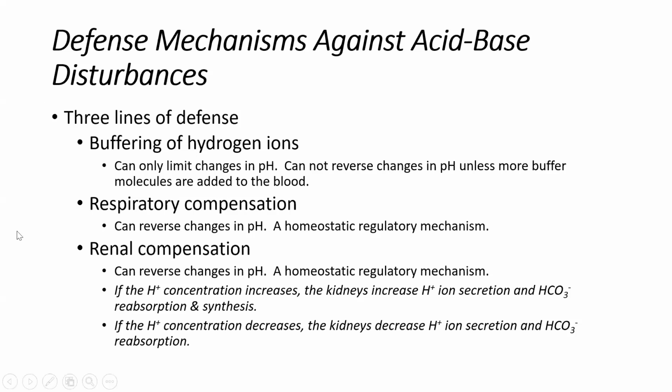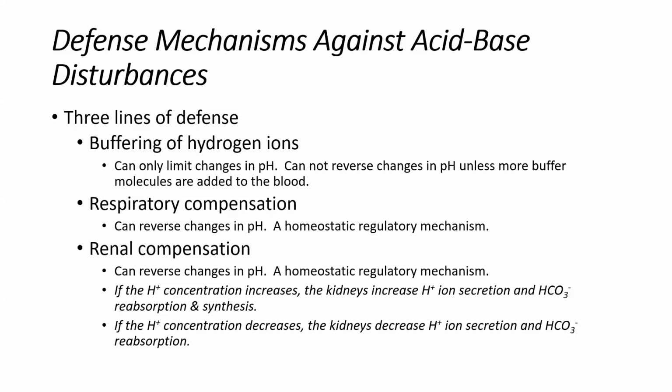And then the kidneys can also play a part in compensating any existing disturbance. The kidneys are going to either secrete more hydrogen ions and reabsorb more bicarb, or the kidneys can secrete less hydrogen ions and reabsorb less bicarb. We talked about the 2 roles of the kidneys in terms of acid base. The kidneys have the ability to secrete hydrogen ions through the proximal tubule, the distal tubule, and the collecting duct.